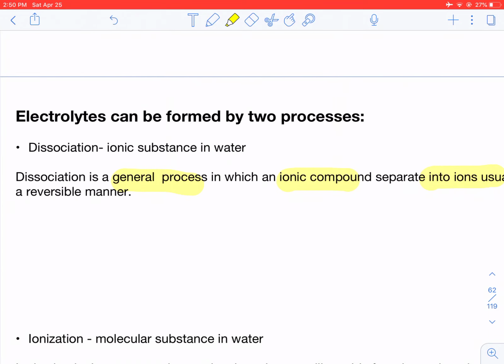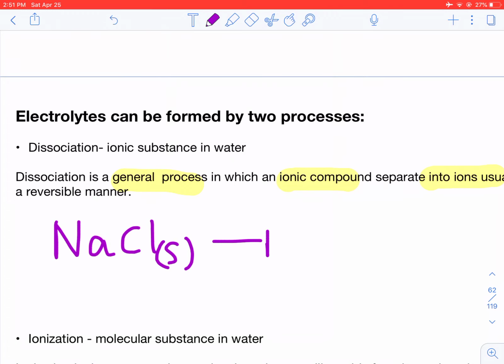So we know that, for instance, if we had NaCl, correct, and we saw this lattice, and I'm still going to show you, but let's just look at this, sodium chloride is made of Na ions, and we know it's made of Cl ions, right, chloride ions and sodium ions.